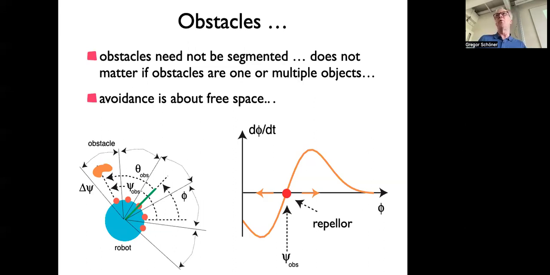Ultimately, two things are two obstacles if you can drive between them. And if you can, then you might as well consider it one obstacle. So it's really a question about directions of free passage.